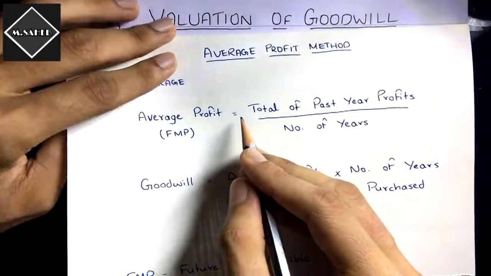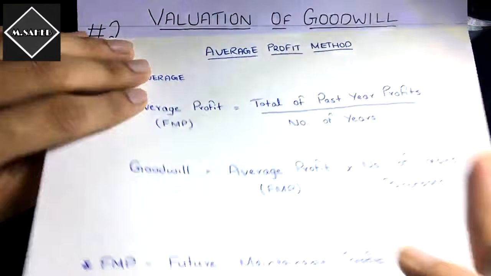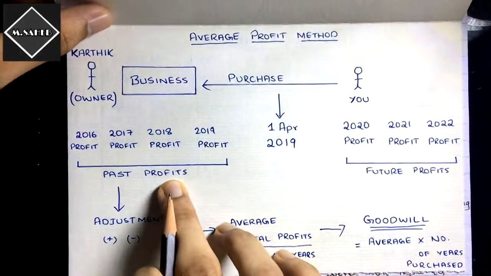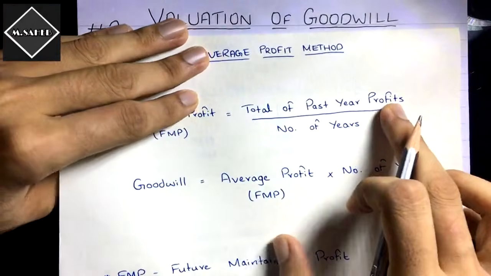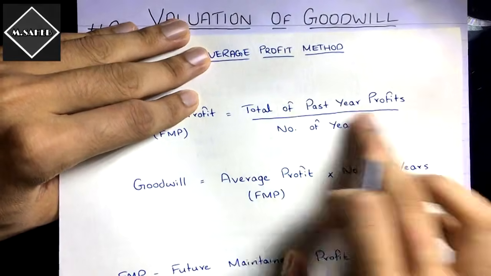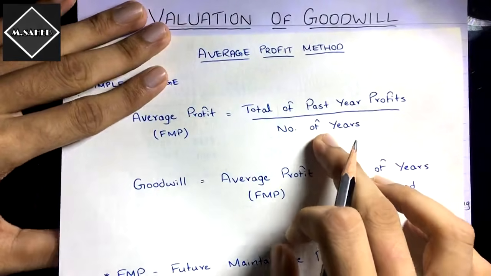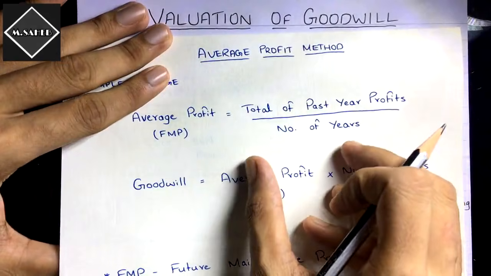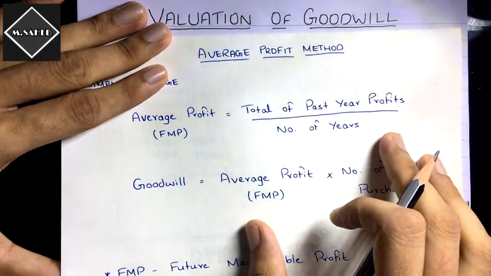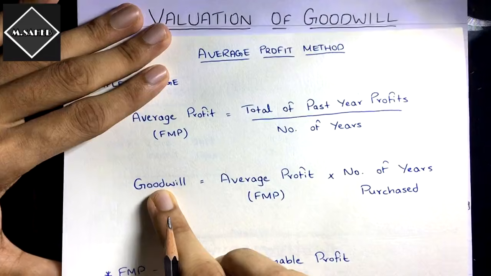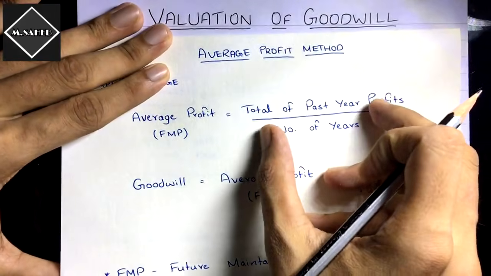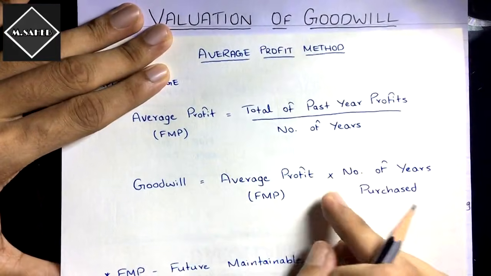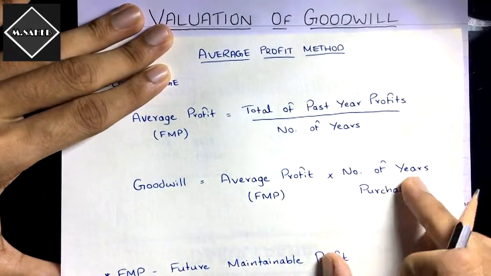To calculate average profit or future maintainable profit, we take the past profits, right? We add up all the past year profits, and then divide by the number of years. Then we will get average future maintainable profit, or average profit, you can say. Then to calculate goodwill, we take that answer and multiply it by number of years purchased.